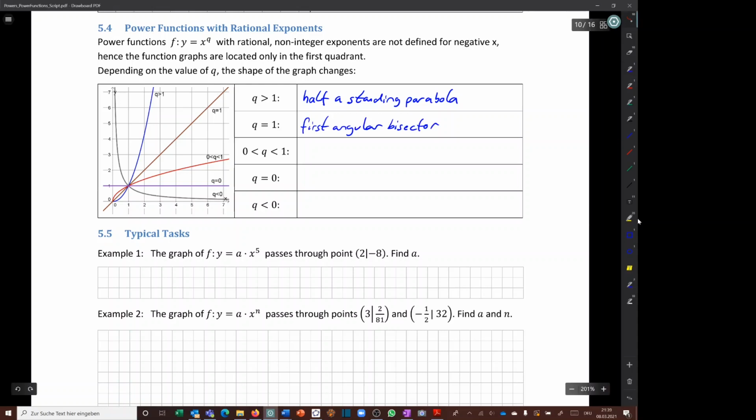And if q is between 0 and 1, here we have these root functions, which means we get half a lying parabola. For q equals 0, we have y equals x to the power of 0, so y equals 1, so we get a horizontal line. And if q is smaller than 0, what we get here is a hyperbola.